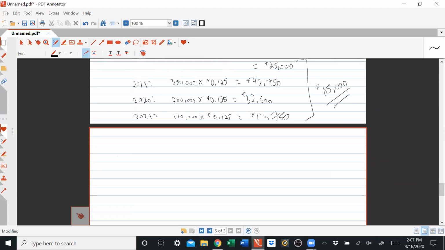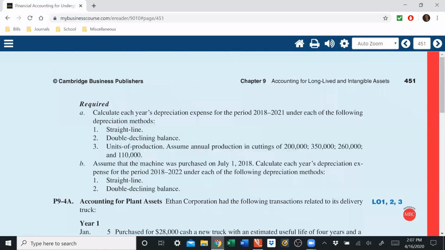All right, let's move on to part B. Actually, we're not going to do B. B is just a repeat of A, but assume some slightly different assumptions.